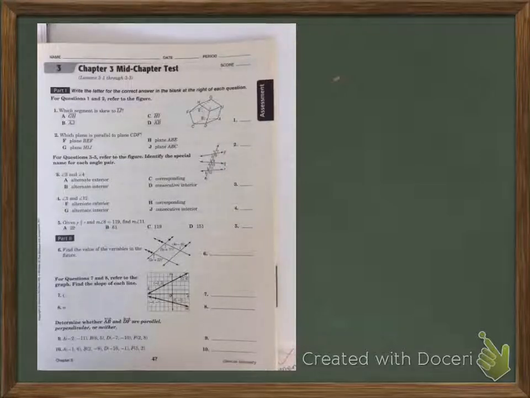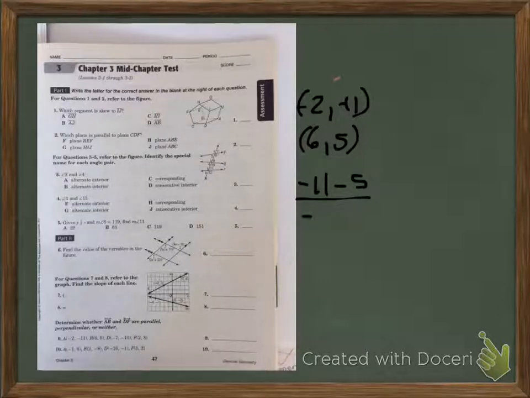So if we're finding the slope of AB, we have -2, -11 as one point and 6, 5 as the other. So that's going to give us -11 minus 5 over -2 minus 6, or -16 over -8, which simplifies to +2.